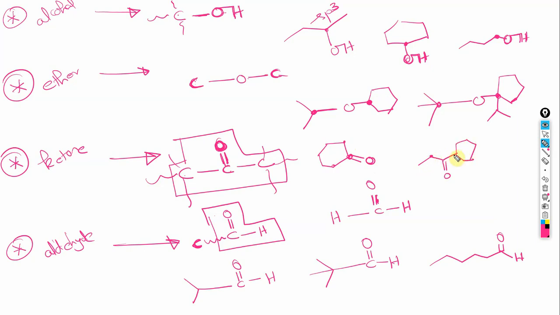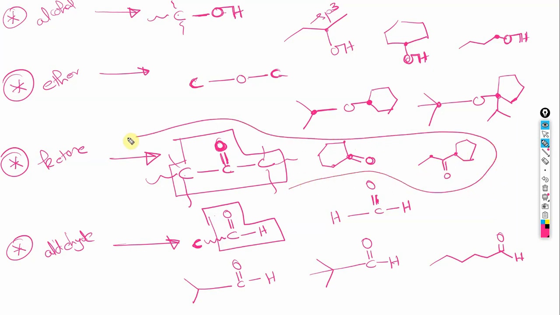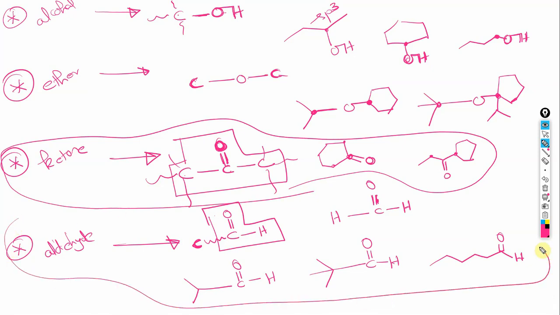And that's a carbon that is sandwiching the C double bond O. So these are all ketones, whereas these are all aldehydes. These are all ketones, and obviously these are ethers and alcohols. So these are examples of oxygen containing functional groups.